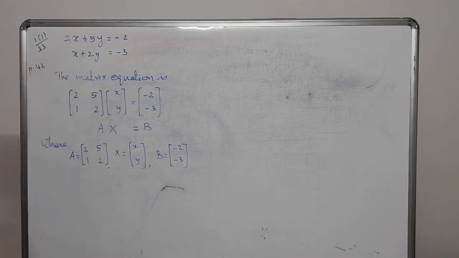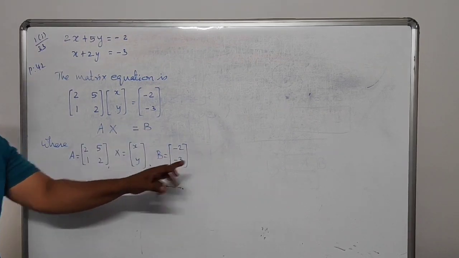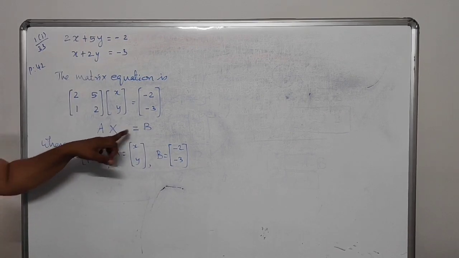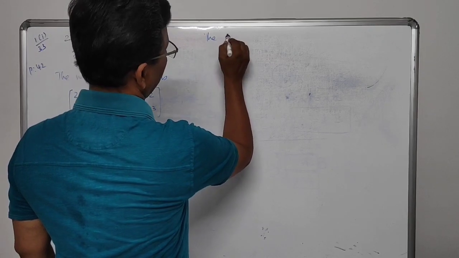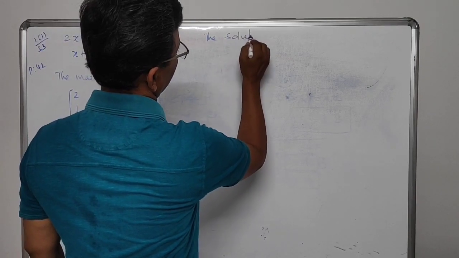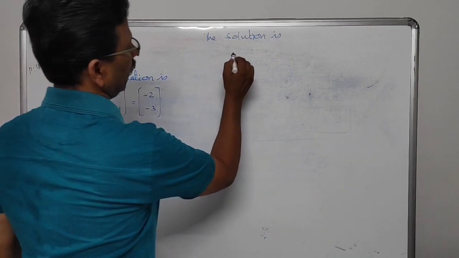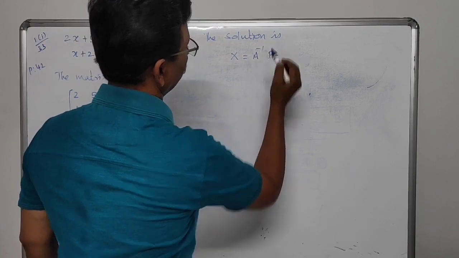We have taken these separately, but for all these problems you need not write this step, you can go directly. Now the matrix equation Ax equal to B means the solution is X equal to A inverse B.